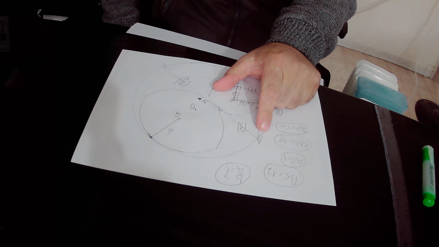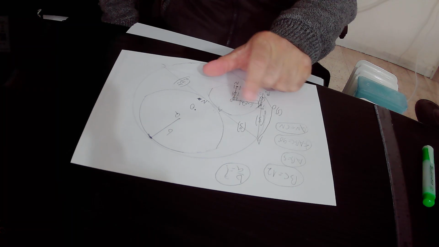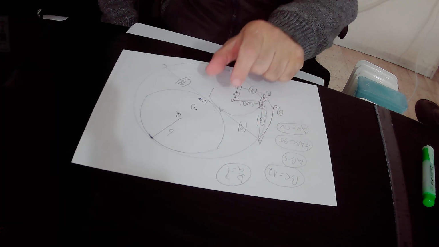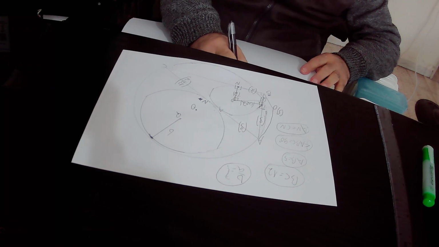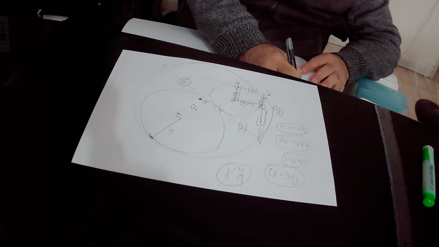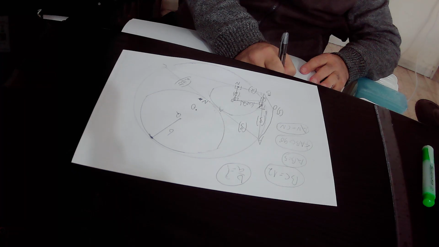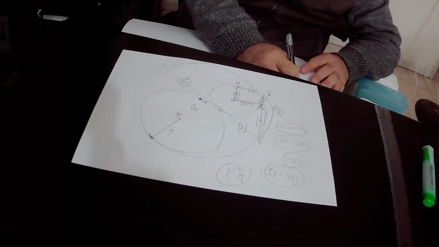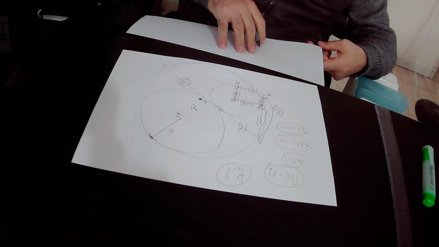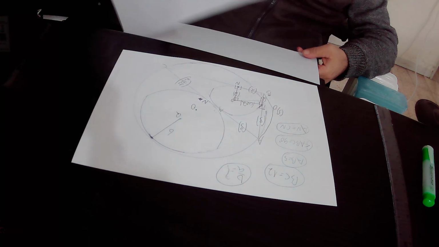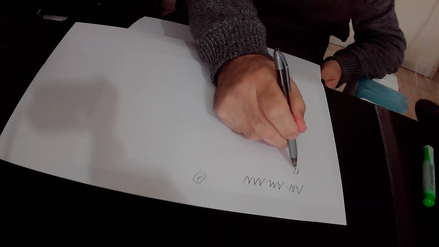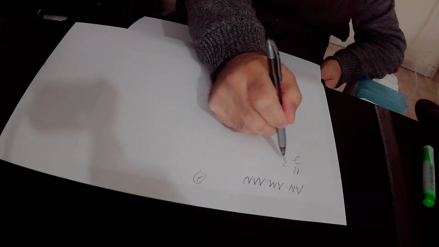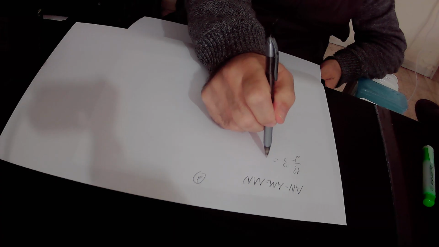AN minus AM equals MN. Again, AN minus AM equals MN. AN is 13 over 2, minus AM, that is 3, equals MN.